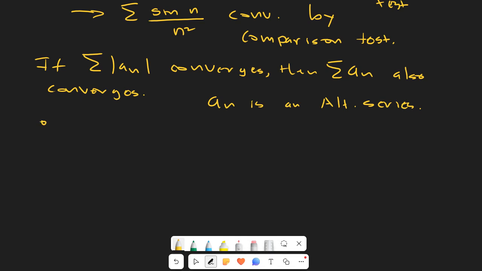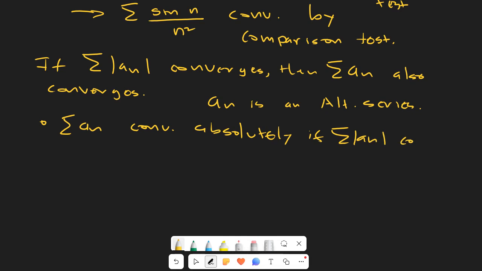So we'll say that the series of a_n converges absolutely if the series of the absolute value of a_n converges.